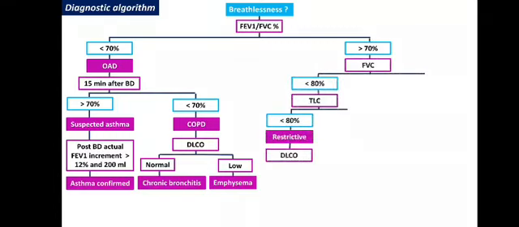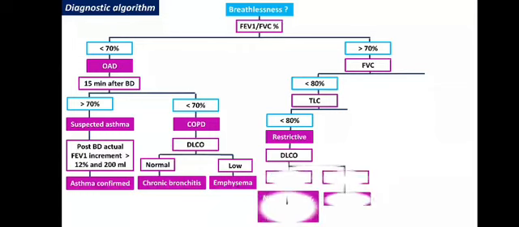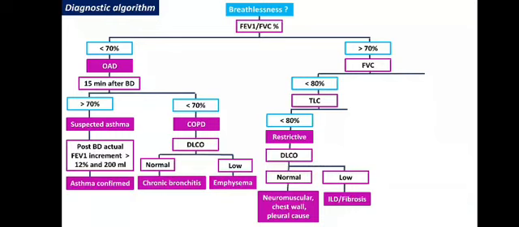On the other side, from the beginning, if the FEV1-FVC ratio is more than 70%, look at the FVC value. If it is reduced, less than 80%, look at the TLC value. If it is less than 80%, it is likely to be a restrictive lung disease, look at the DLCO. If the DLCO value is normal, it is most likely neuromuscular weakness, chest wall defect or pleural cause. If the DLCO is low, most likely pulmonary fibrosis.